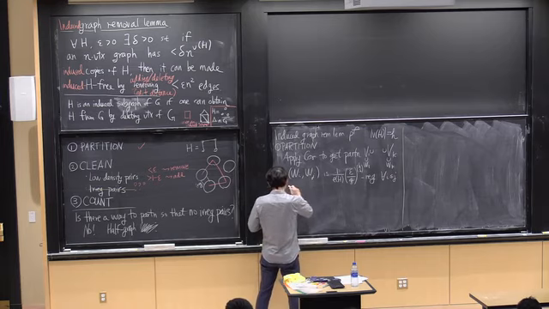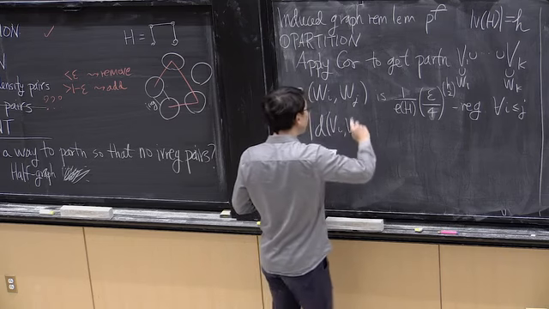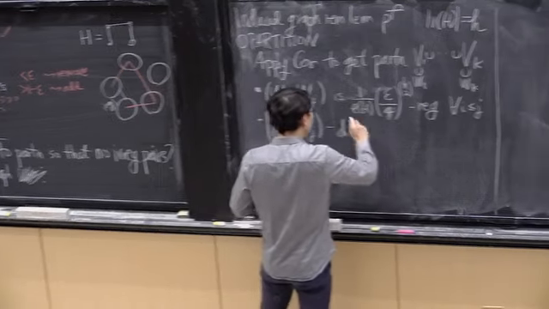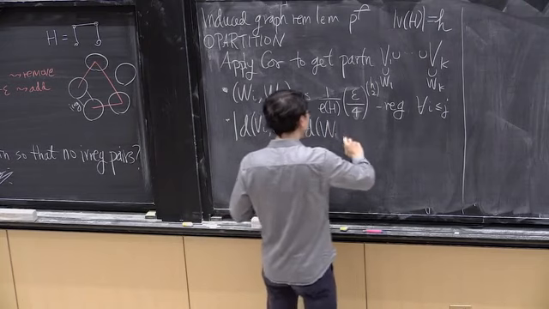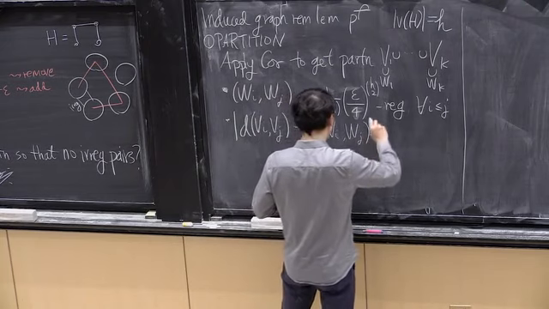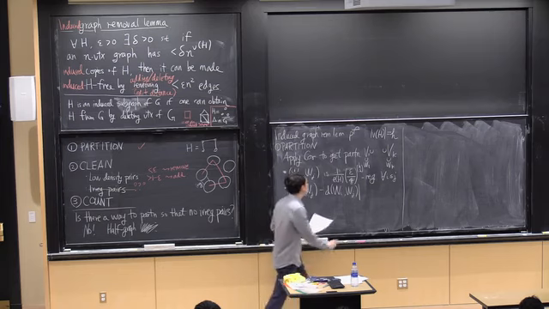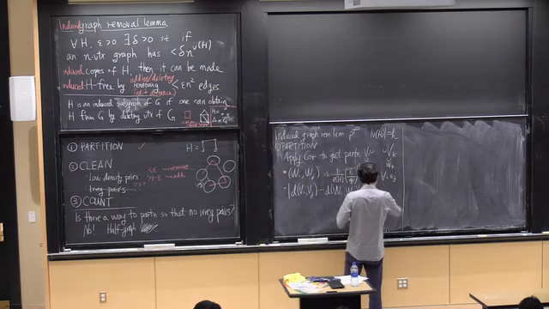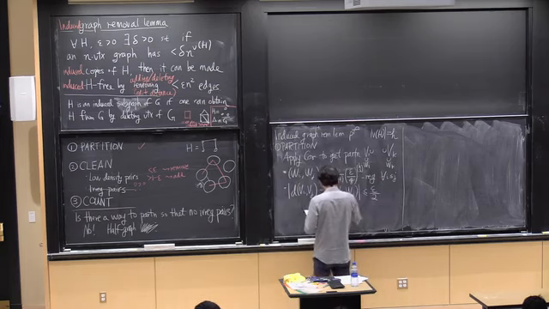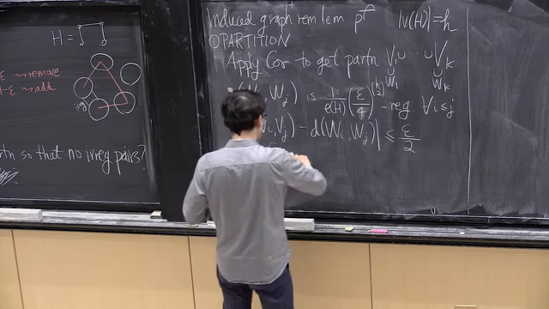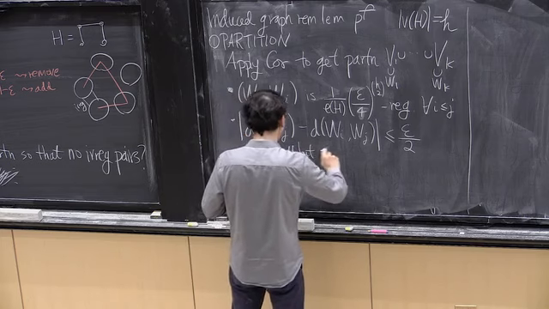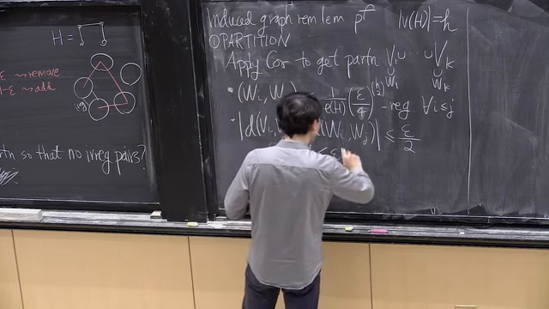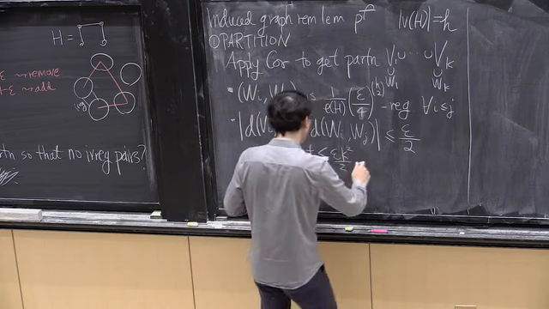Other properties are that the densities between the Vi's and the Wi's do not differ by more than epsilon over 2 for all but a small fraction, so epsilon k squared over 2 pairs.